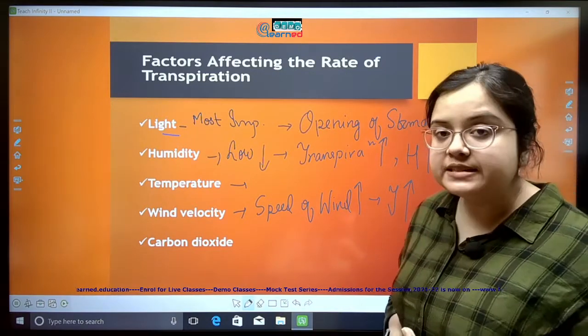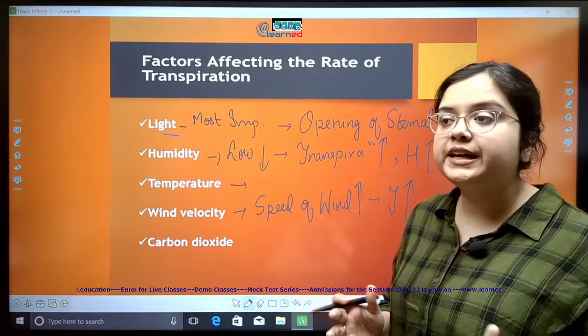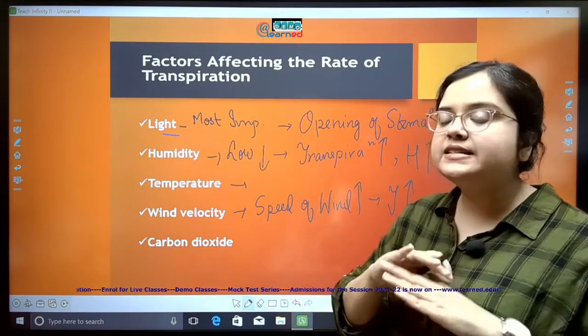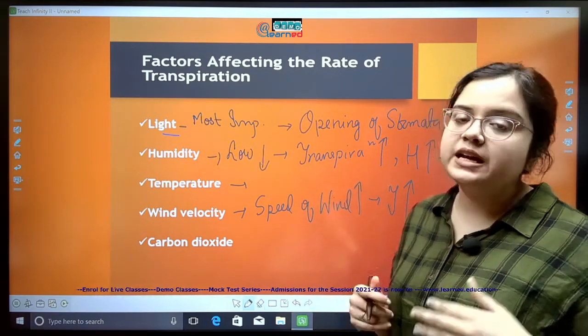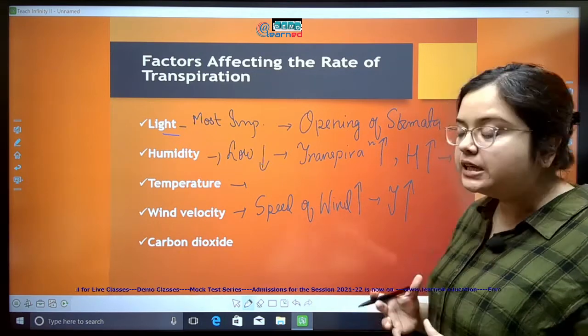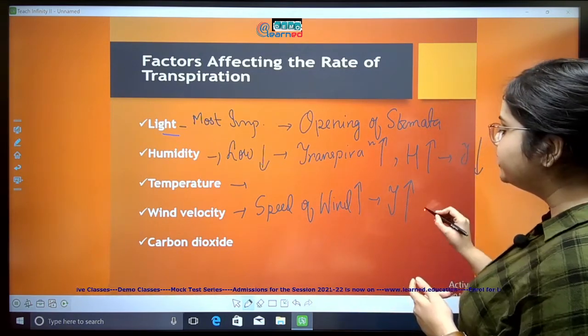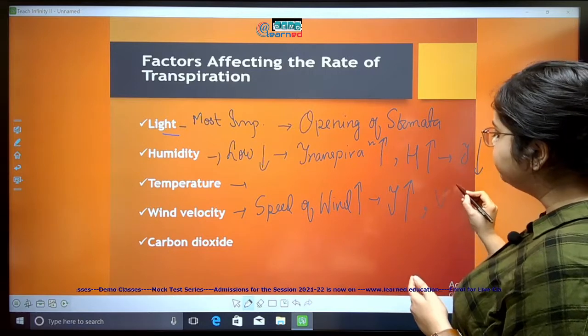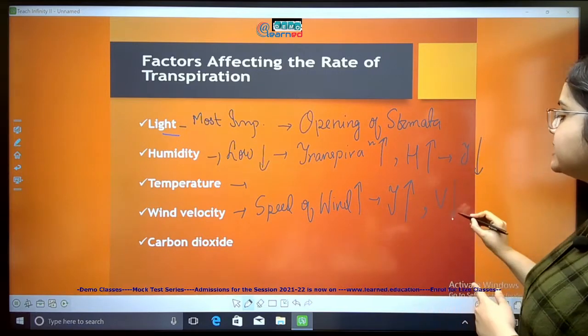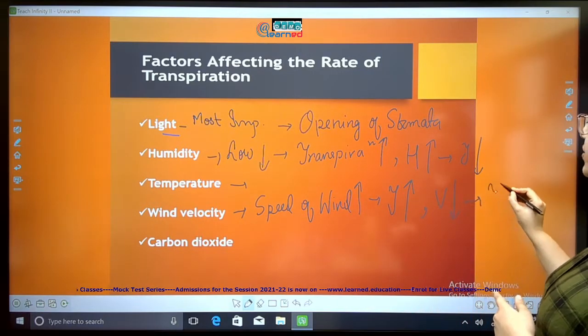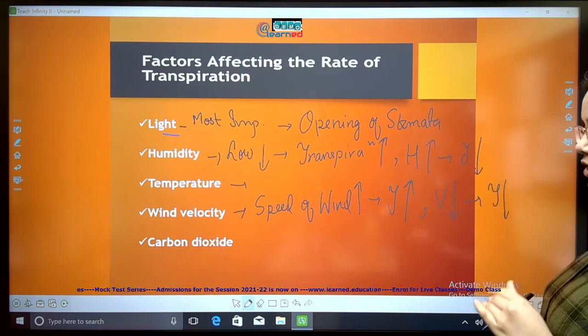Conversely, if there is no wind, it is quite still, there is no rustling of leaves, then that process will not happen. So, if there is a decrease in wind velocity, I am writing V for velocity, then transpiration as a result will also diminish.